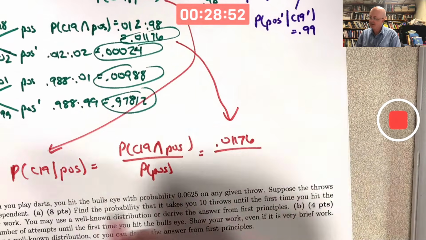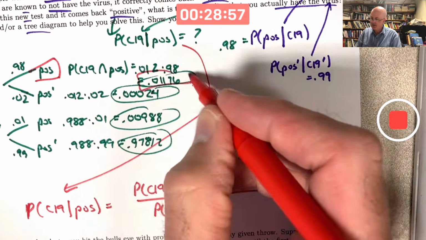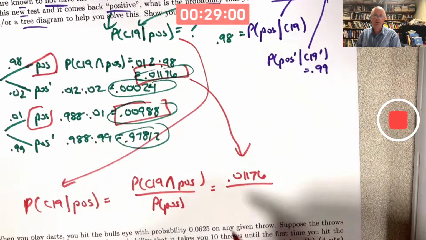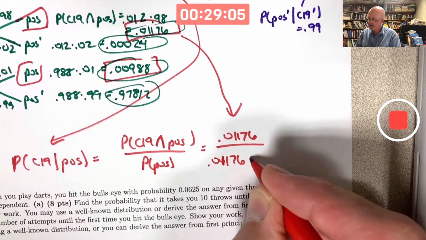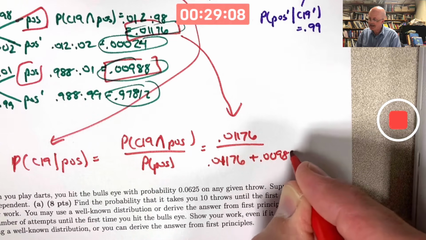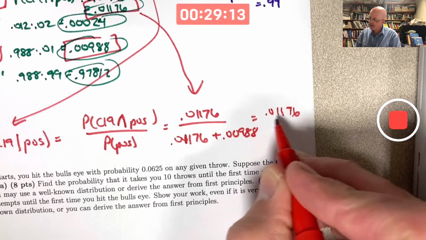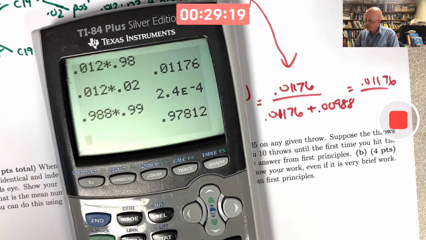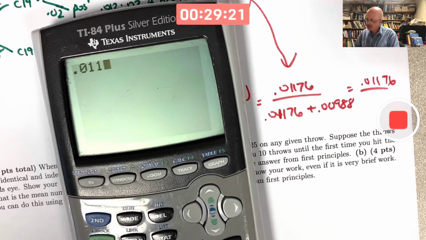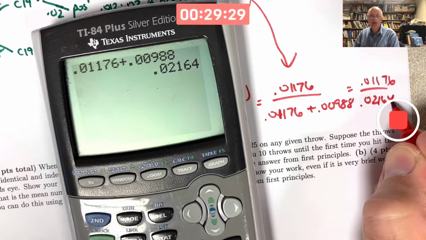Well, I hope it makes intuitive sense. I'm not going to write it out. It goes with the numbers that go with the positive result. These two numbers, we need to add up those probabilities. 0.01176 plus 0.00988. Didn't give myself much room here. This is 0.01176 divided by 0.01176 plus 0.00988, which is 0.02164.